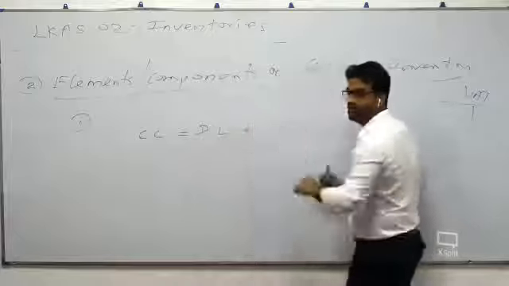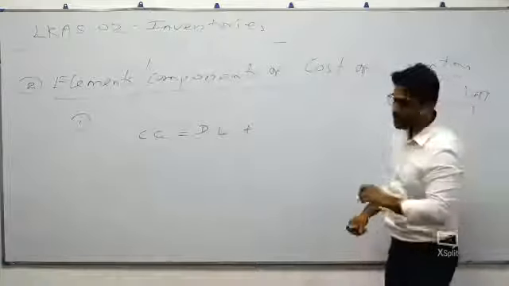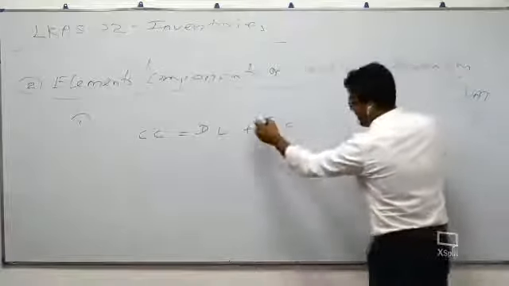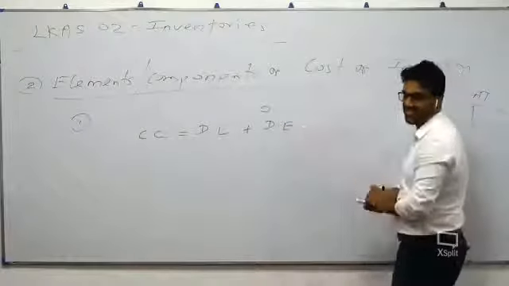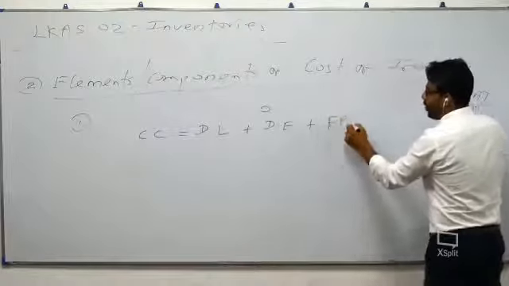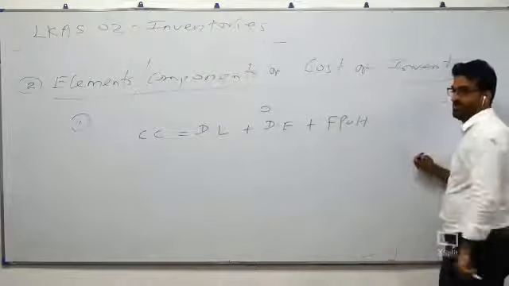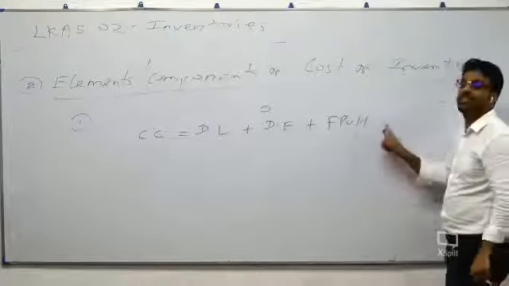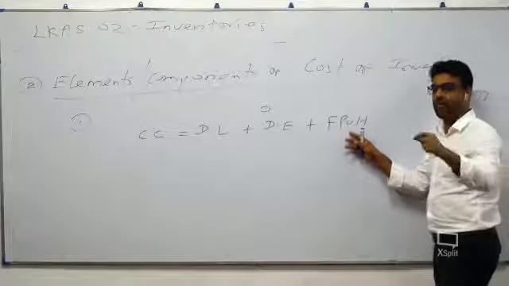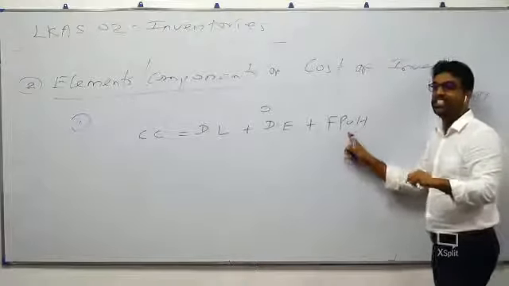What is DL? Direct labor cost. Very good. What is DE? Other direct expenses. Then what is it? FPOH, fixed production overhead. There are two types of production overhead: some are fixed, some are variable. Fixed production overhead is rent.